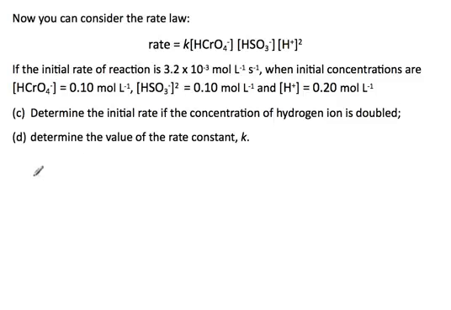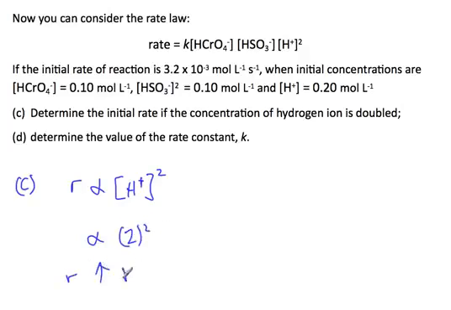So if you double the concentration of hydrogen ion, what happens to the rate? Well, here what we have is rate proportional to hydrogen ion raised to some order, and that order is 2. So we've doubled concentration raised to the order 2. So rate is going to increase by a factor of 4.